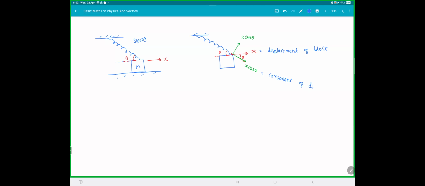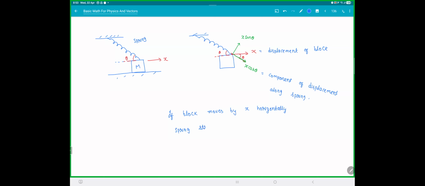Component of displacement along spring. So what this tells you is, if the block moves by x horizontally, the spring stretches by x cos theta.